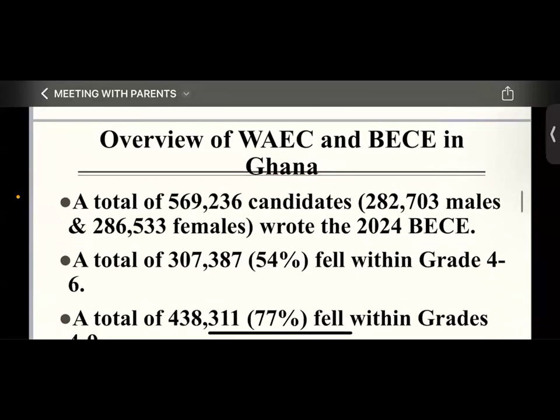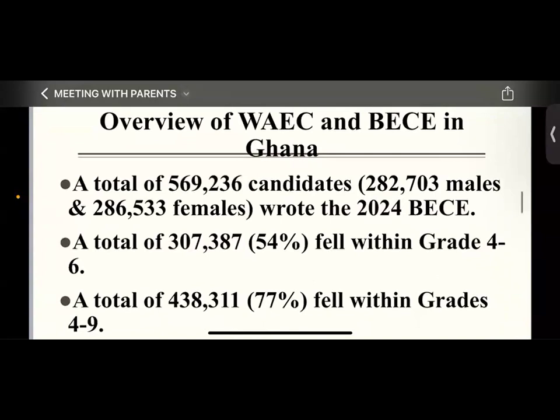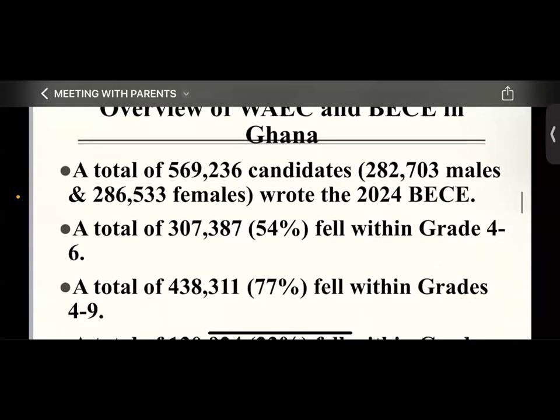All right. In perspective, let's look at what is happening here. In perspective, an overview of WAEC and BECE in Ghana. These figures were taken from the 2024 BECE statistics. There was a total number of 569,236 candidates, with 282,703 males and 286,533 females that wrote the 2024 BECE.